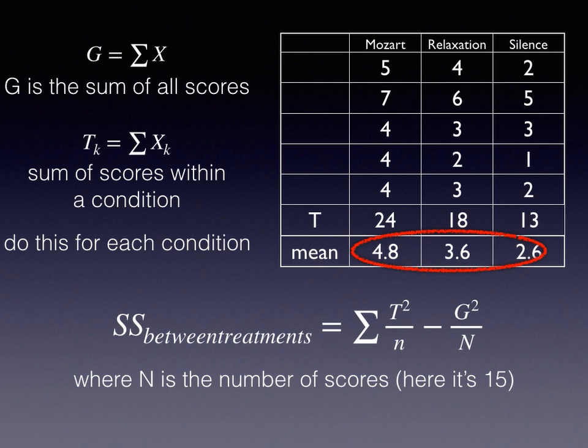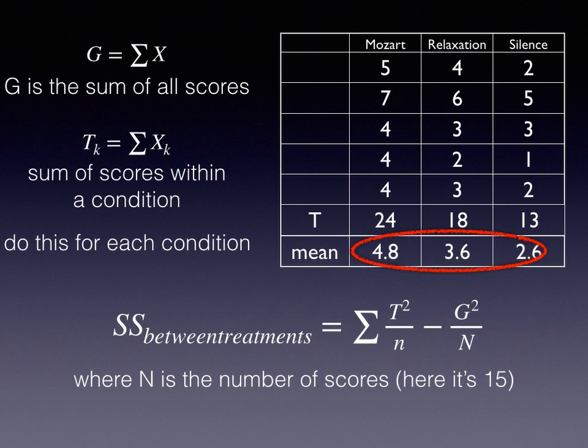Lowercase n now refers to the number of scores in a particular condition. So you have a little n for the Mozart group, a little n for relaxation, and a little n for silence. And in this case, they're all the same, n equals 5 for each one. But they might not be the same. So you may be able to do an ANOVA where you have 5 scores in one, 7 in another, and 10 in another. Some other restrictions apply, but we're not going to get into them here.